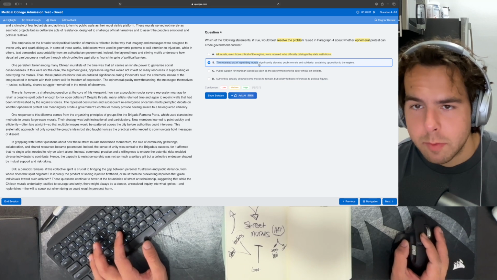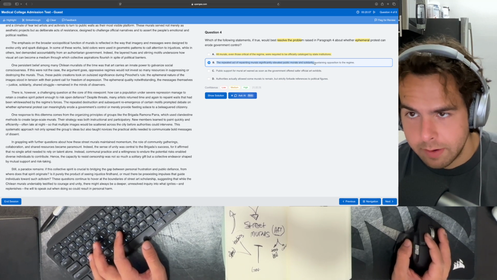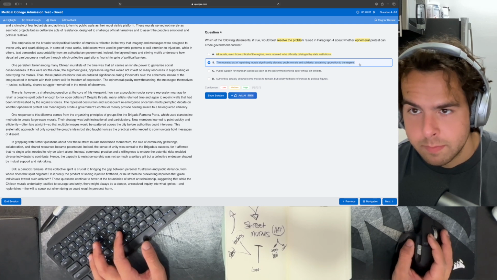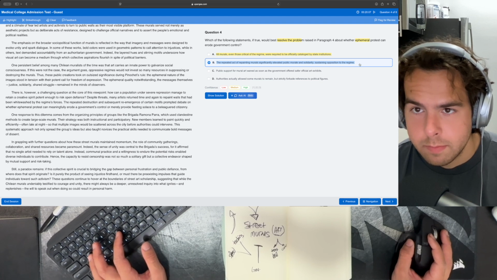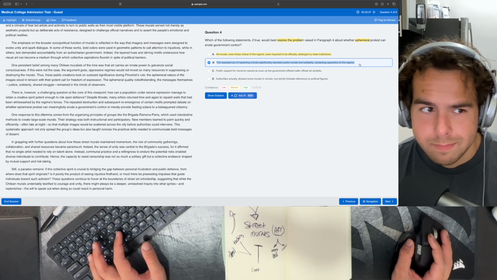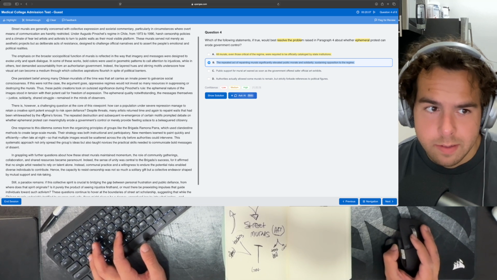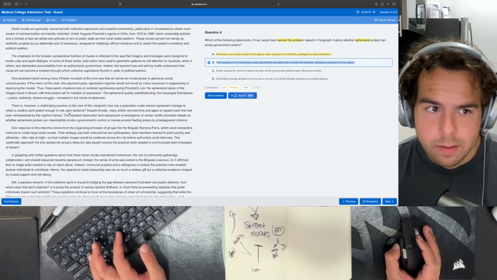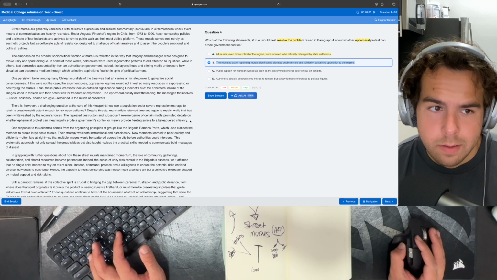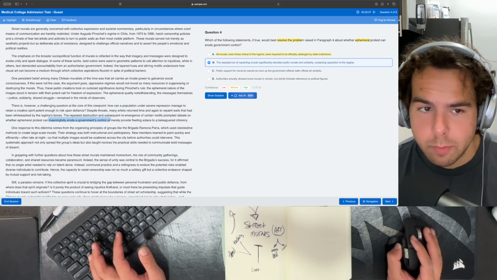The repeated act of repainting murals significantly elevated public morale and solidarity, sustaining opposition to the regime. The problem that they're bringing up is whether it can meaningfully erode government's control.